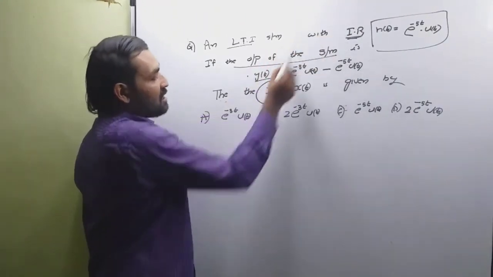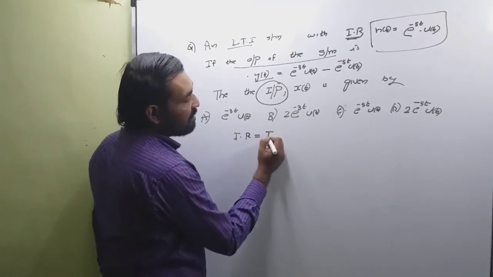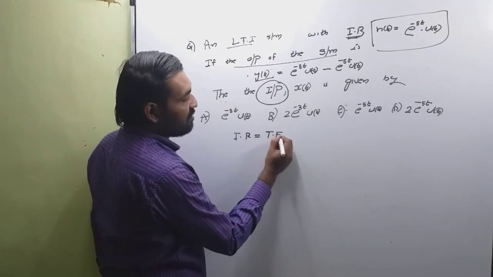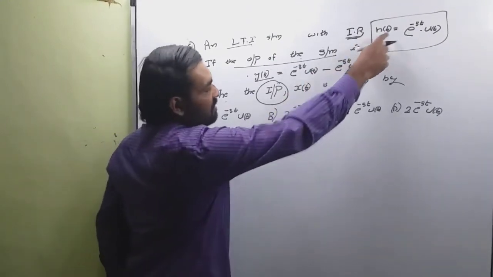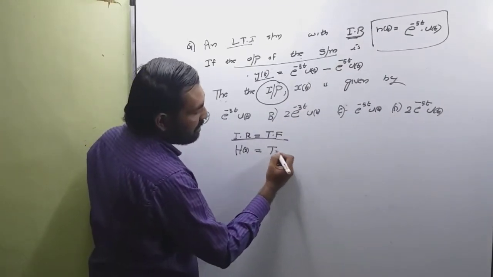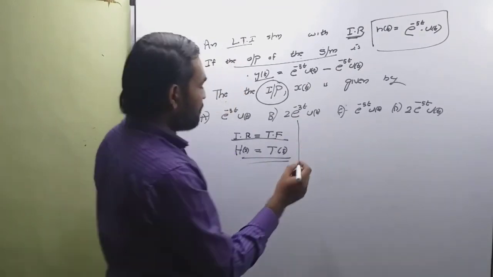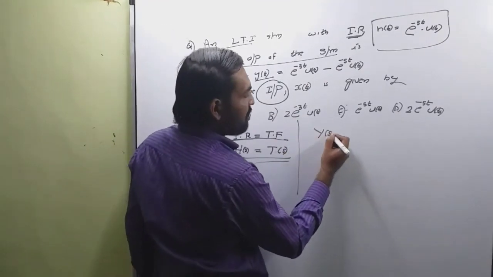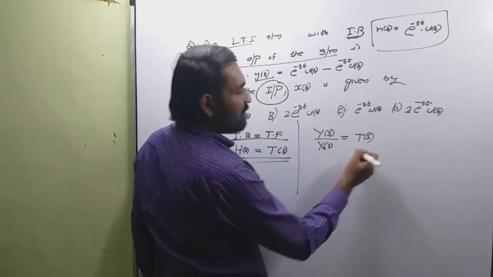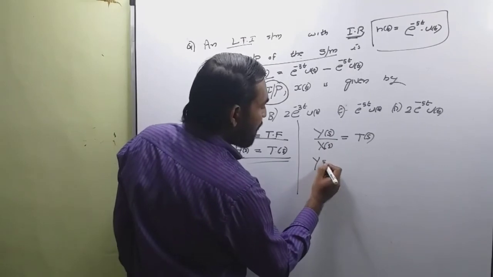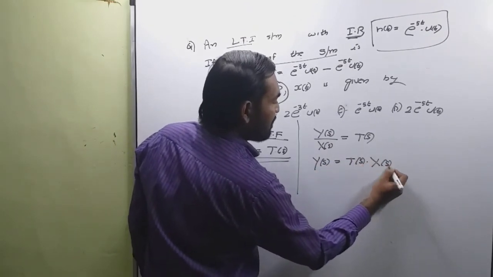Now impulse response is equal to transfer function. That means h of s, that is the impulse response, is equal to T of s. Okay, now Y of s by X of s is the transfer function T of s, or Y of s is equal to T of s into X of s.